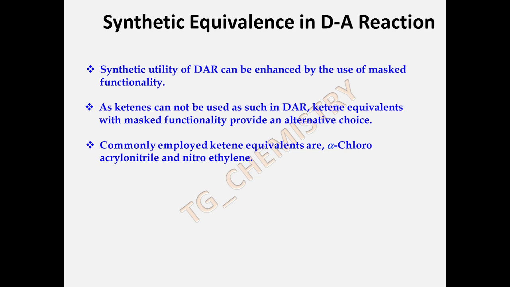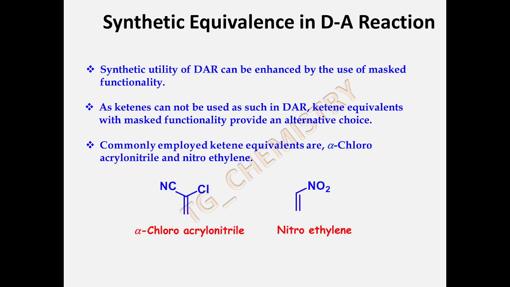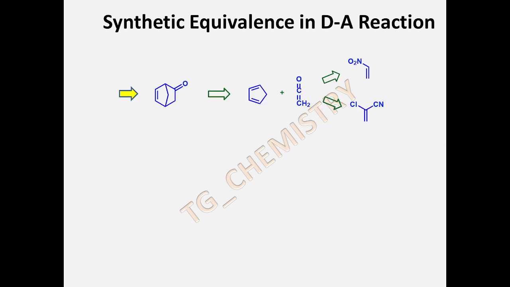I can show you the structures of these two. In the next couple of slides, we will see how these dienophiles can be used instead of the ketenes, as substitutes of ketene.